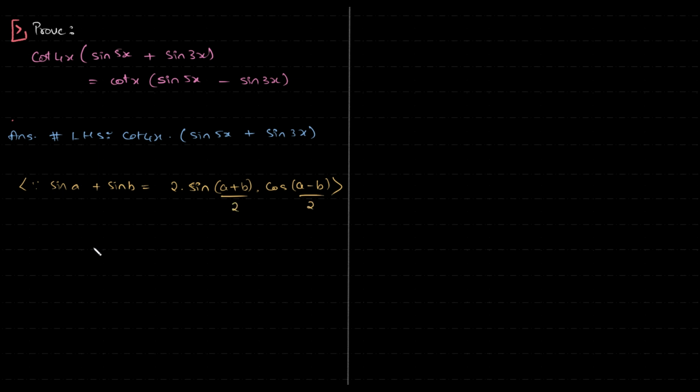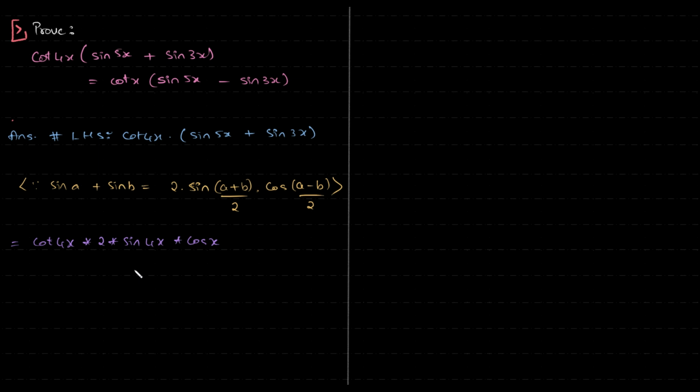And when we apply it over here, what do we get? So cot of 4x into 2 times of, this is 8 by 2, that's 4x, into cos of x, right? Clearly.